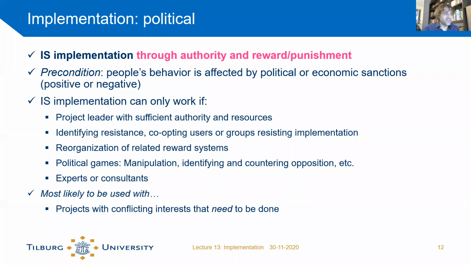That's what reorganization of related reward systems means. That basically means that you give an economic reward or punishment, or financial reward or punishment for people who do certain things, or people who are willing to change versus people who are not willing to change.